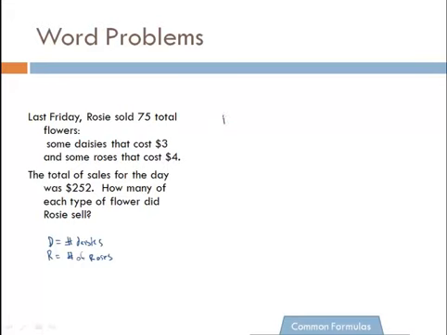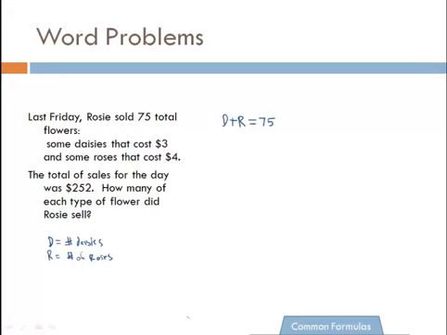So D plus R, and the total number of flowers has to be 75. This type of equation shows up a lot in those coins in my hand problems, like we started this unit off with. We had N plus D, nickels plus dimes, equaled, I think it was 22 coins. So very common type of equation.